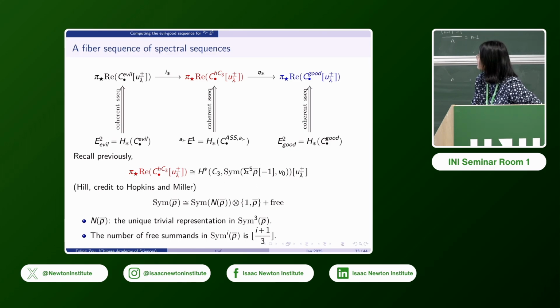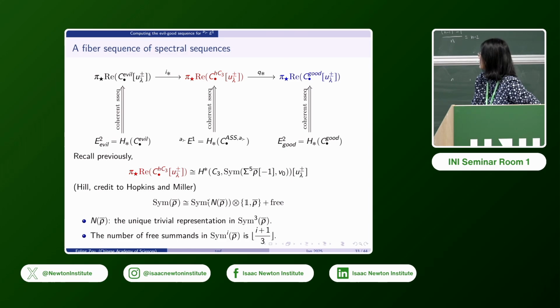The homology, so this was already the homology, it's the Sim, and this Sim is known. It's some free part plus a symmetric algebra on this trivial representation denoted n rho bar. This n rho bar is the unique trivial representation in Sim 3, and conceptually you can think of it as the norm.